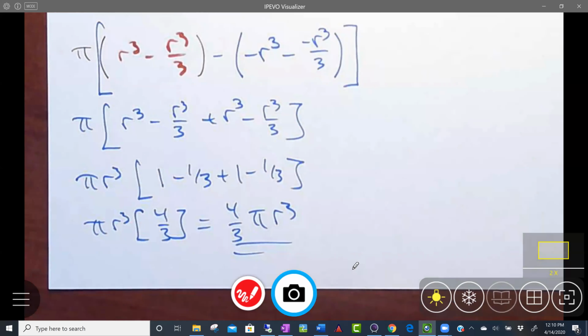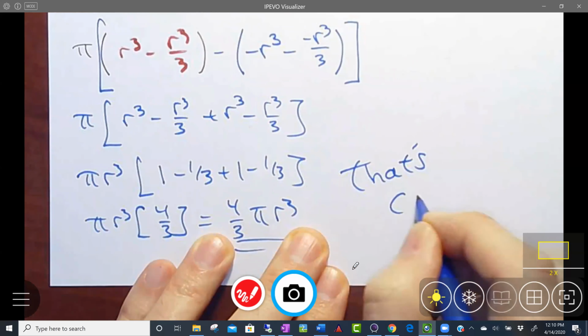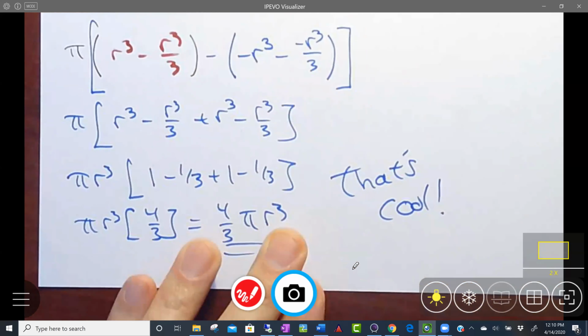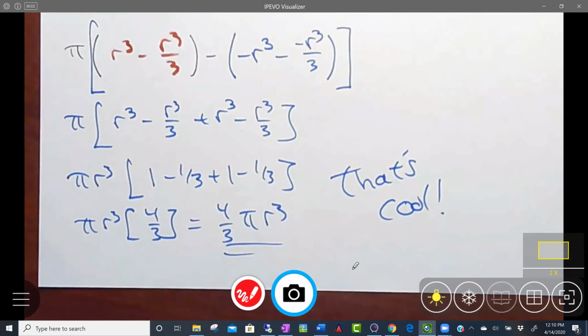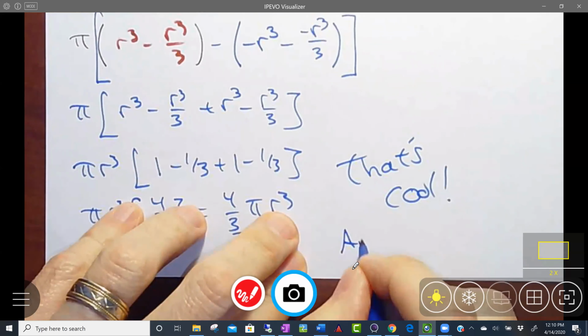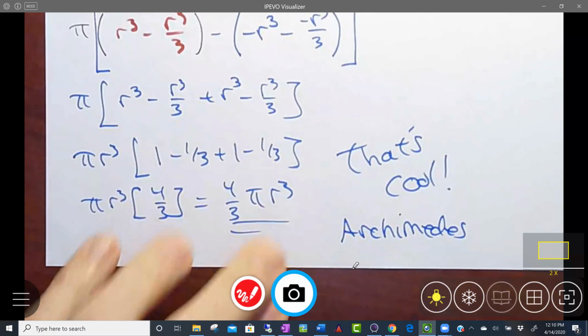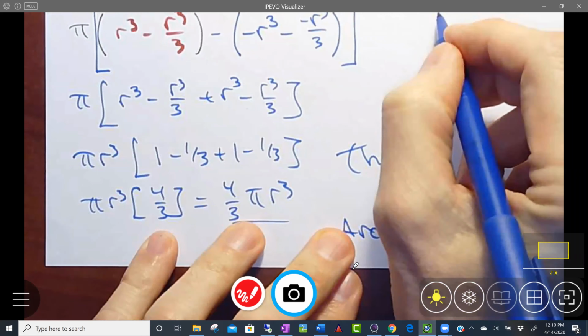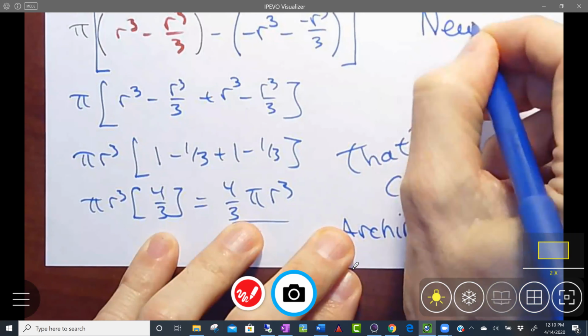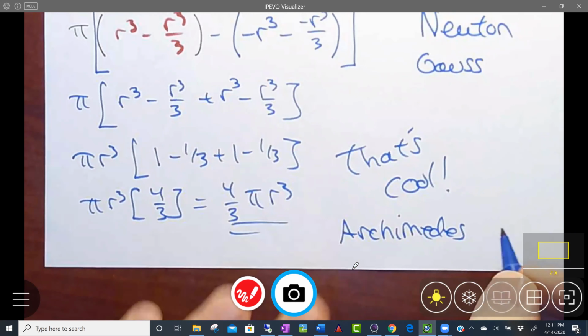Wow. That is too cool. That's cooler than my hat. Now keep in mind this. Archimedes of Samos is at the top of mathematical achievement along with Newton, Gauss, and Archimedes.